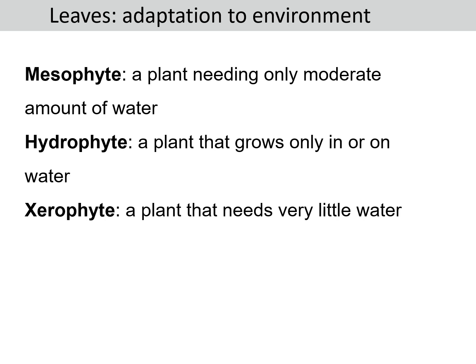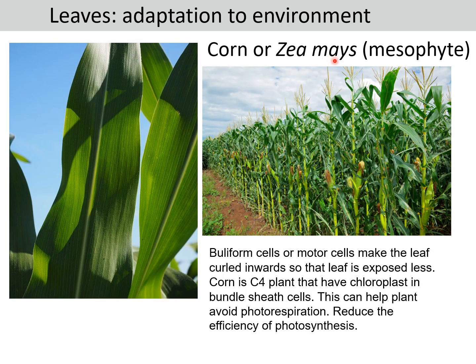For the hydrophyte, it is a plant that grows only in or on the water, or maybe this is the aquatic plant. And the xerophyte is a plant that needs very little water or grows under the drought state. Mesophyte, hydrophyte, and xerophyte. Corn or sesame is an example of mesophyte.